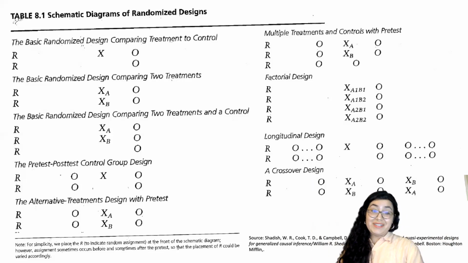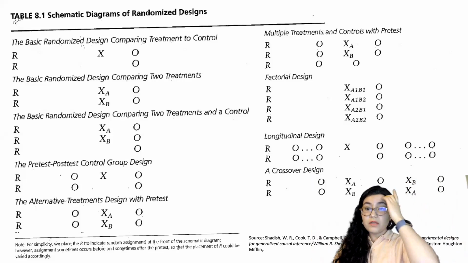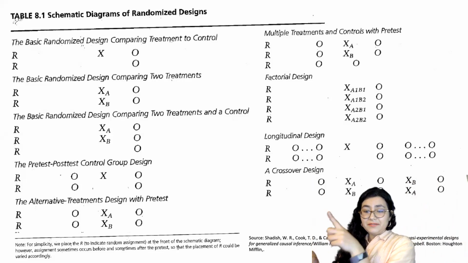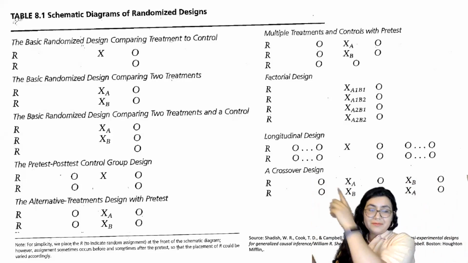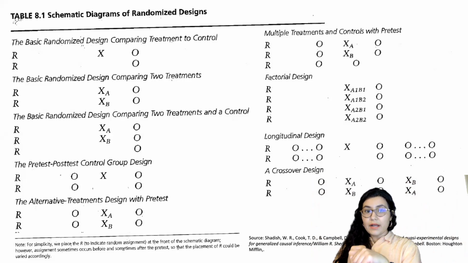So it might look like this, and these are all randomized experiments, right? We have the basic one at the top, where there's a measurement prior to X, the intervention.